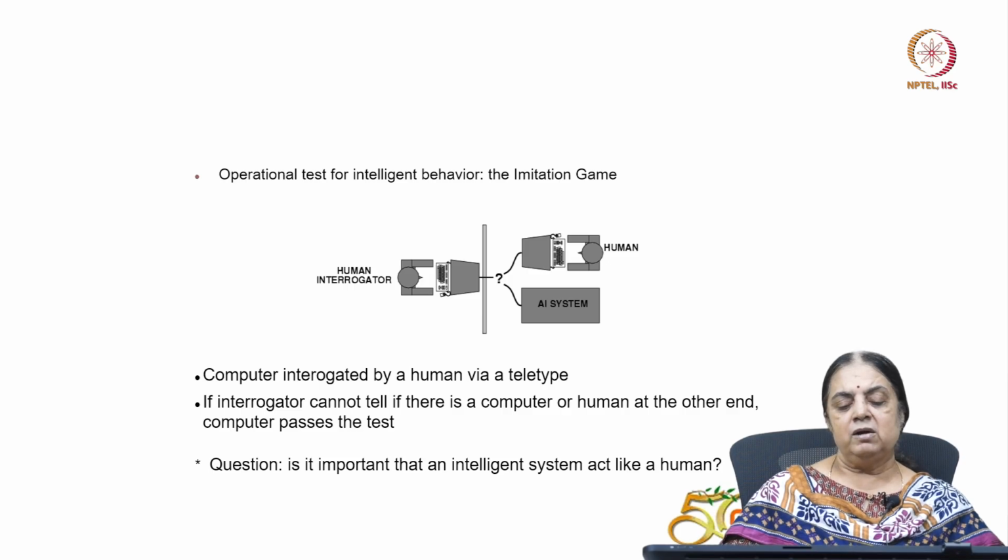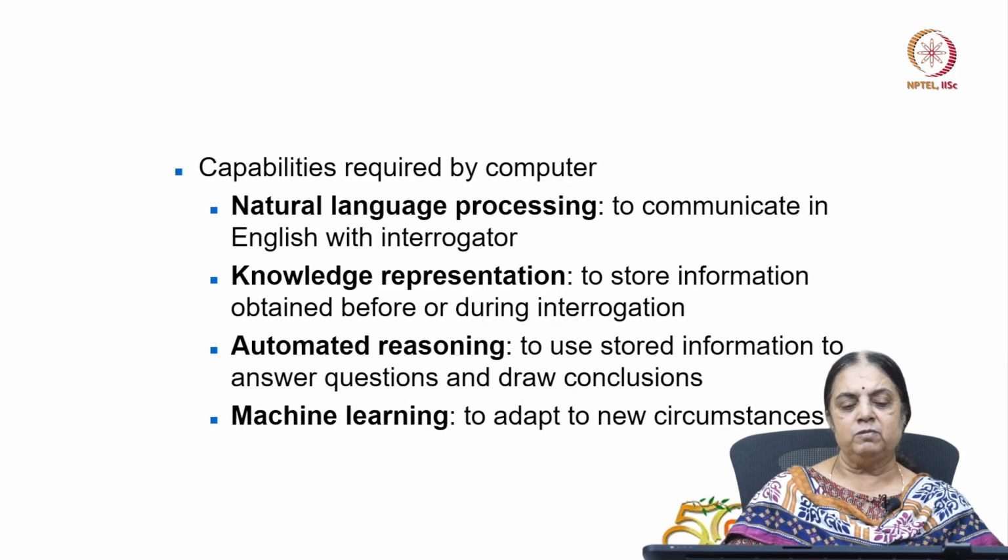Now, what are the capabilities that the AI system needs to have to pass the Turing test? That's what we have to see. The first is that it should be able to work with natural language processing. So it should be able to communicate with the interrogator.